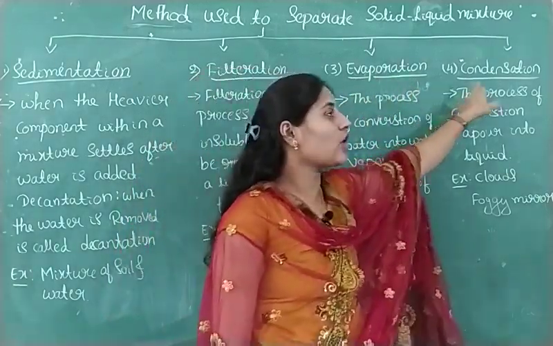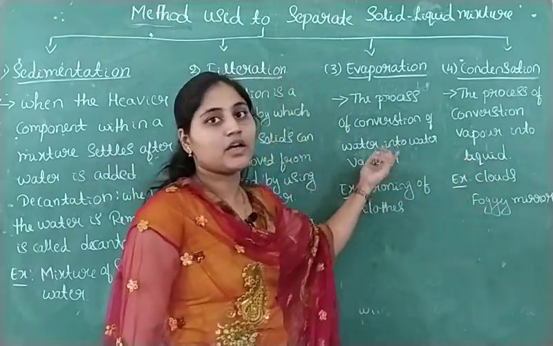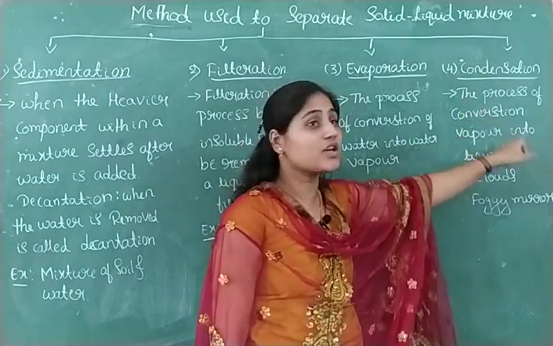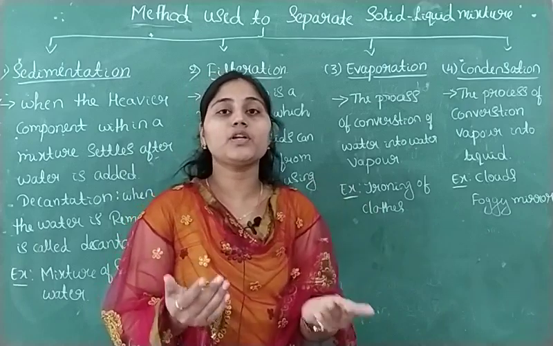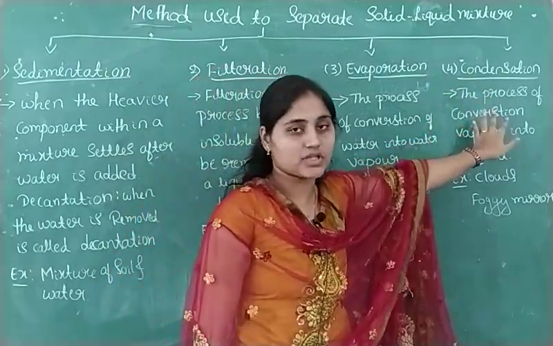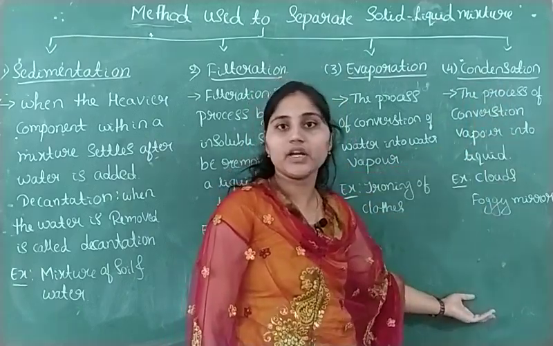So next method, what? Condensation. This is totally opposite to the evaporation process. What happened here? The process of conversion of water vapor into water, or vapor into liquid, that we call the condensation process. This is also used to separate solid-liquid or liquid mixtures.